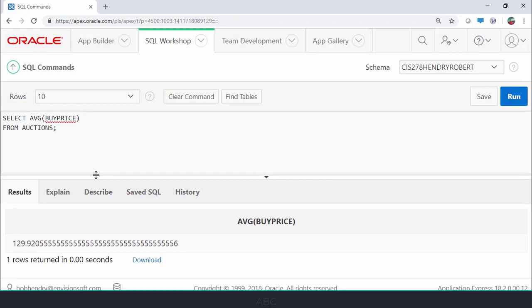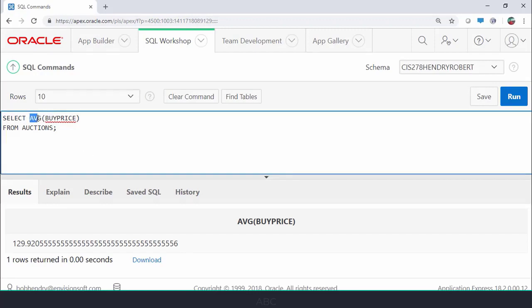Like, for example, how about this? We want to see the min buy price, the max buy price, and the average buy price.